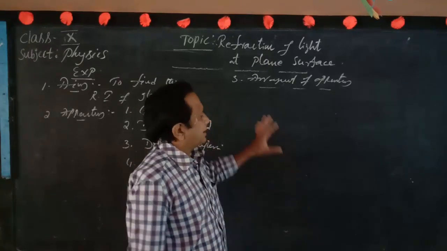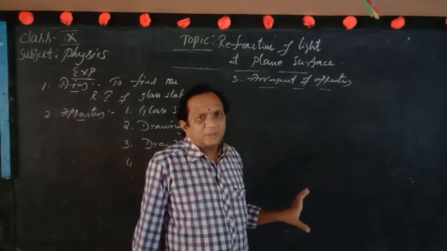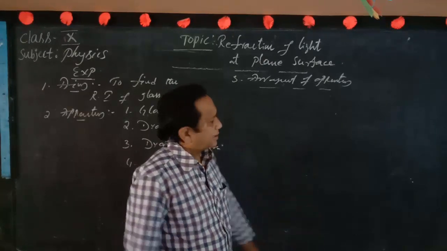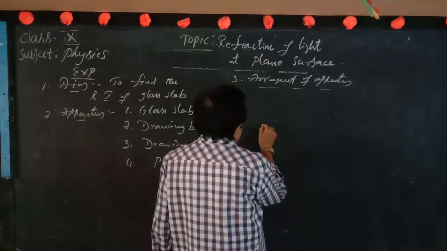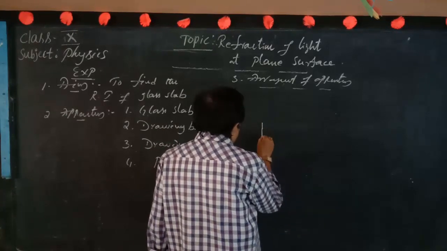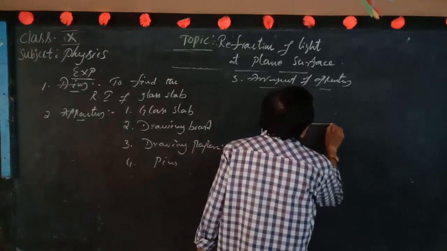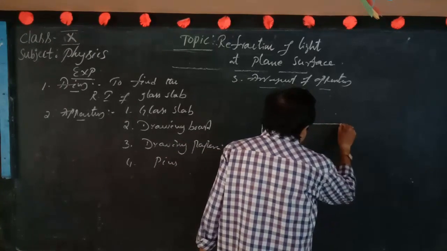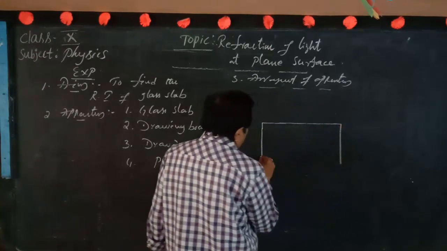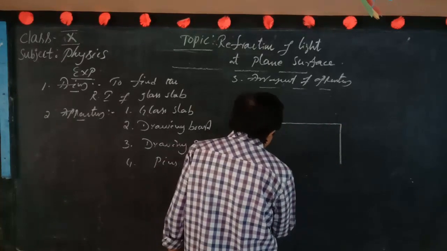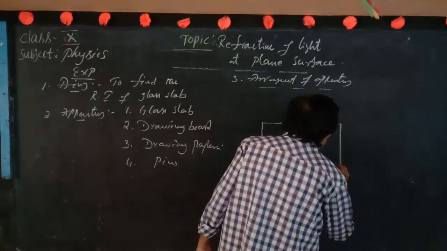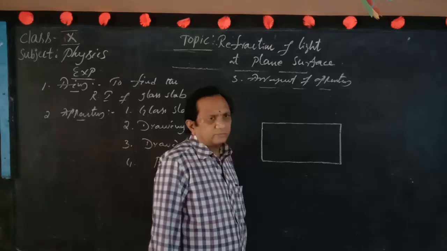Place one glass slab at the center of this paper and draw its outline. Suppose the slab gets shifted, you have to place it in the same position again. That's why you must draw the outline of this glass slab.